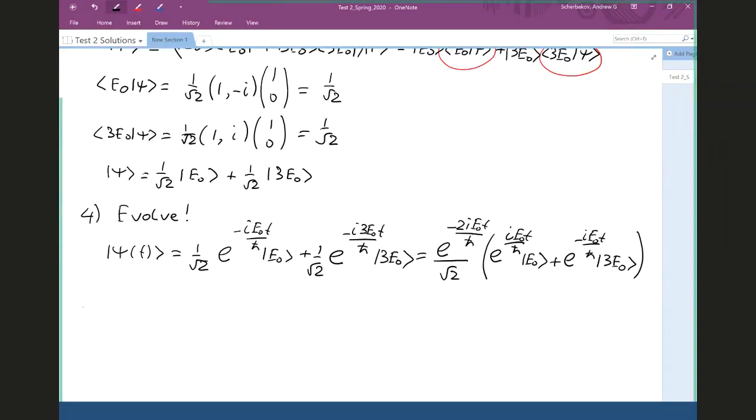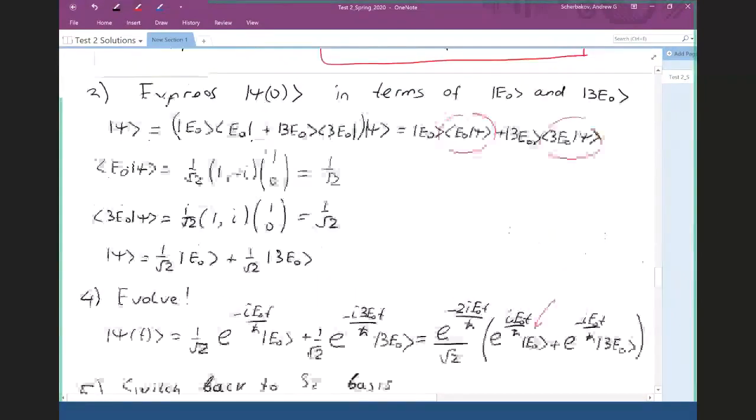Okay, next term, we're switching back to the Sz basis. What do I need to do? Well, I'm just replacing E naught with what? It's over here.